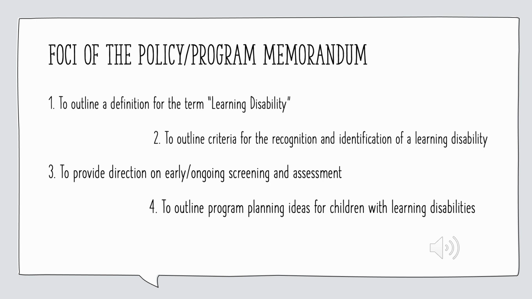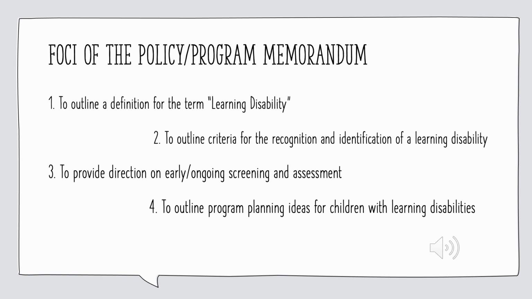The PPM outlines direction along 4 main foci. First, to outline a definition for the term learning disability in order to better understand what a learning disability is. 2, to outline criteria for the recognition and identification of a learning disability in order to appropriately differentiate learning disabilities from other diagnoses. 3, to provide direction on early, ongoing screening and assessment.